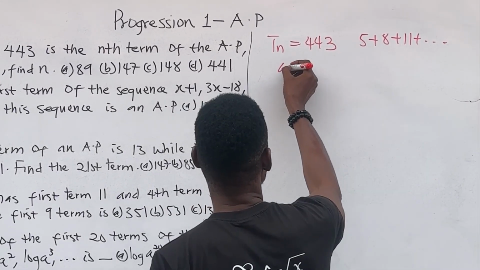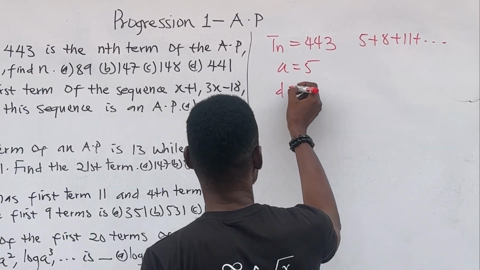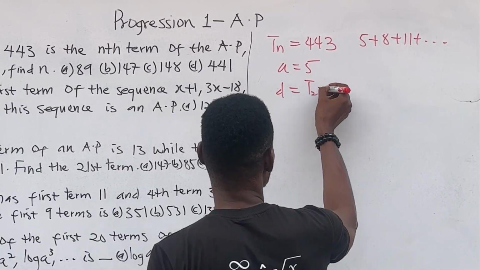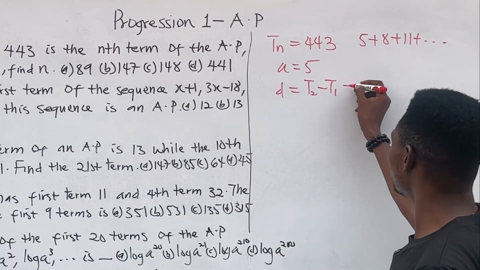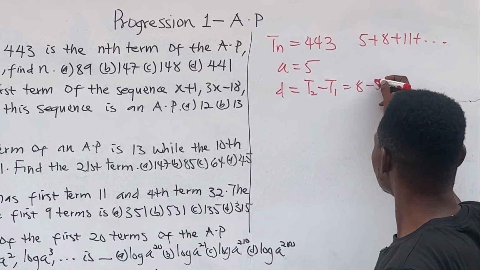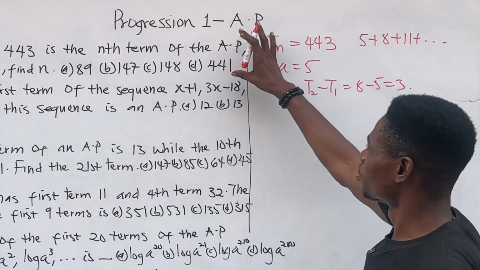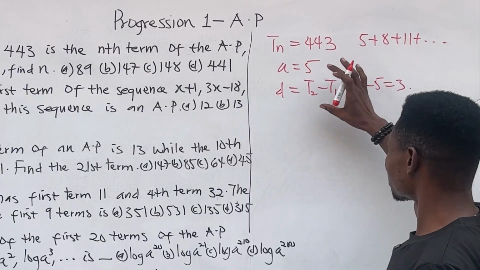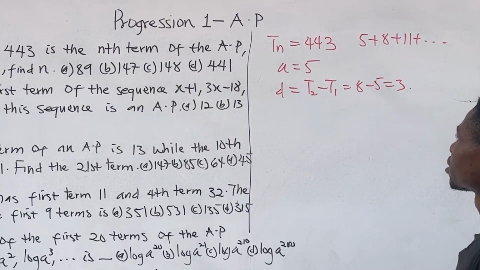So our first term here will be 5. Our common difference, remember, the common difference is T2 minus T1, which is 8 minus 5, which is 3. Because I've been told it's an AP already, we don't need to bother. Once it's an AP, T2 minus T1 makes your common difference.